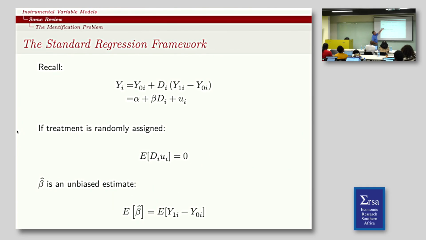So that's what's on this next slide. I write down my regression, where beta is supposed to estimate the effect of treatment, the difference in outcomes associated with the treatment. And as long as that treatment is random, then these two are uncorrelated, and a simple regression of Y on a dummy with an intercept gives me the treatment effect.